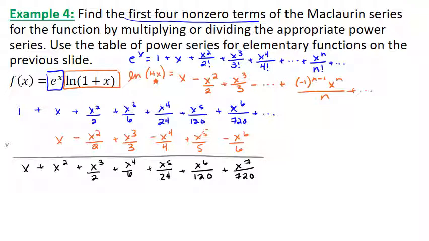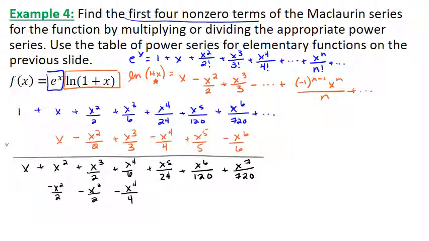Well, this is going to give me a negative x squared over 2, so I'm going to write it right here, keeping these lined up. Then I have a negative x cubed over 2 minus x to the 4th over 4.